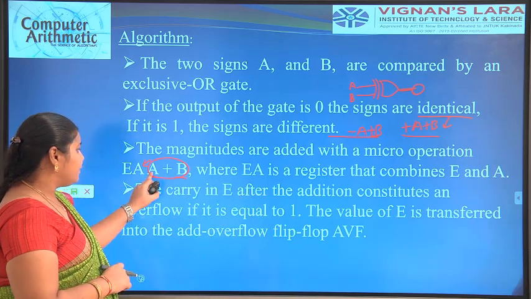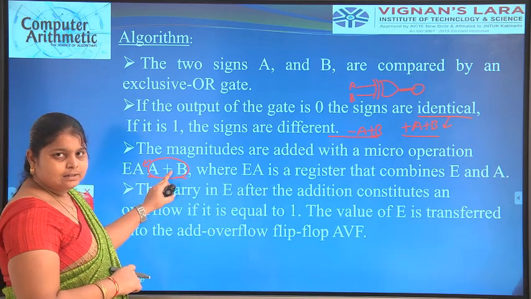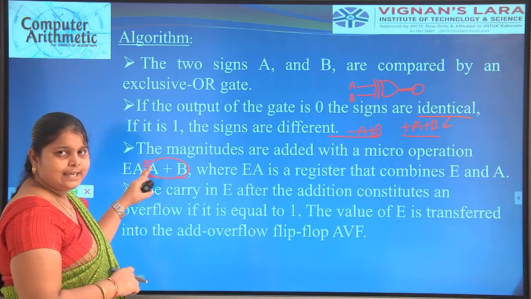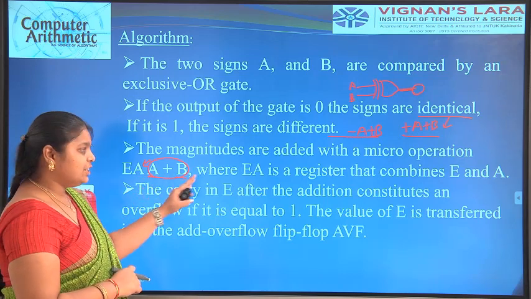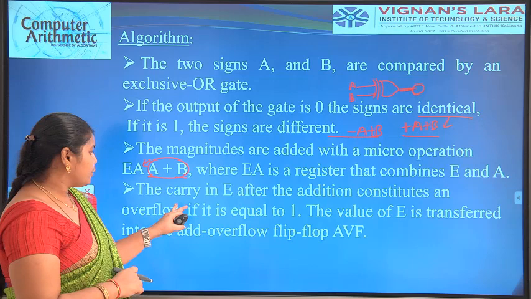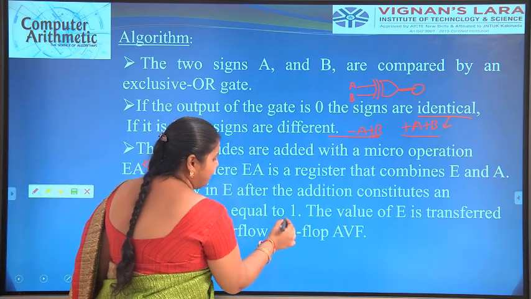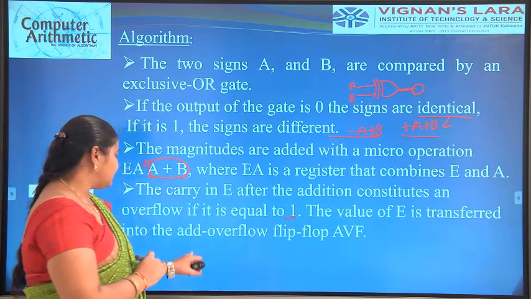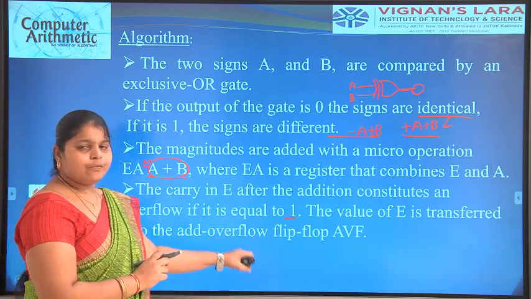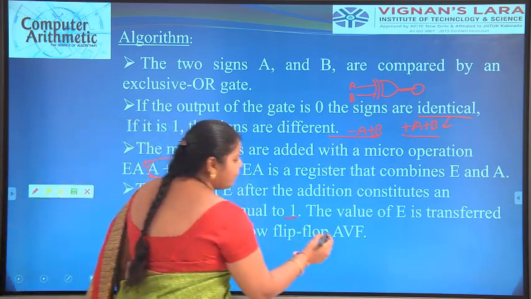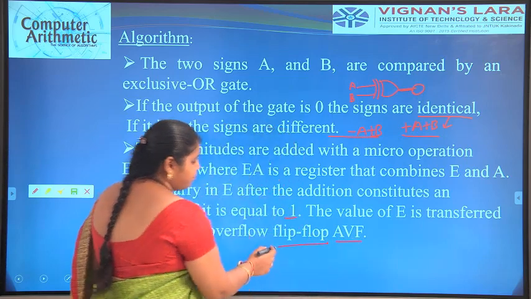For example, the addition of A and B is stored in EA. If there is any overflow, E is equal to 1. Overflow means carry. The value of E is transferred into the add overflow flip-flop, AVF. What is a flip-flop?